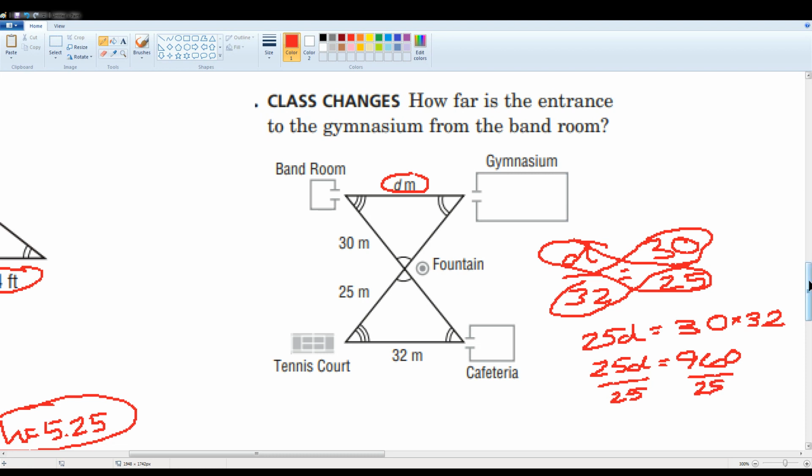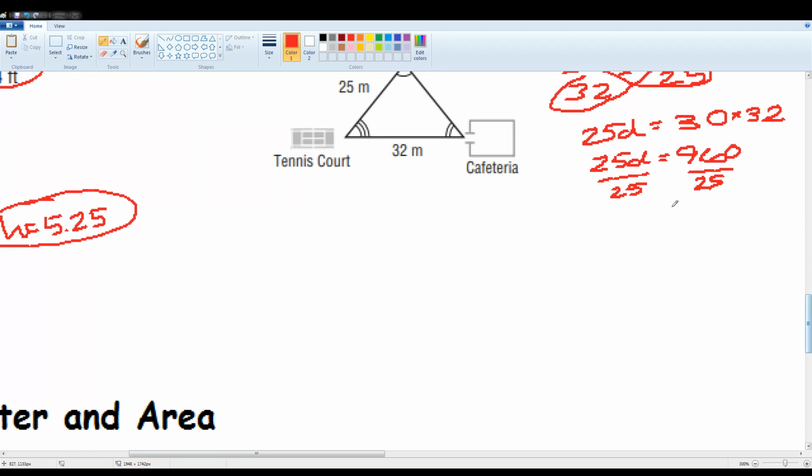In this case, let's see here, D is going to be equal to, let's see here, 25 goes into 900, 36, 37, 38 times and 10/25, or 2/5, which is the same as 38.4.